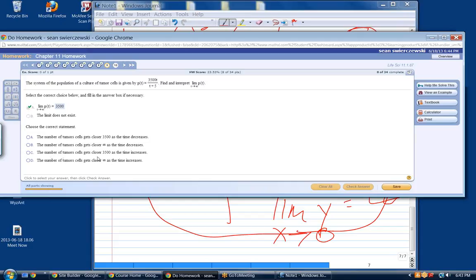I thought A said that. One says as time decreases, the other says as time increases. So it's as time increases. Yeah, so you're right. It should be C, huh? I guess we got to go to 10 next.